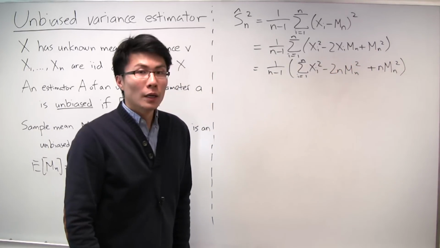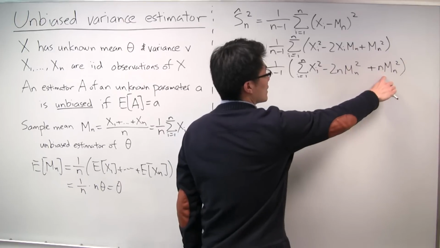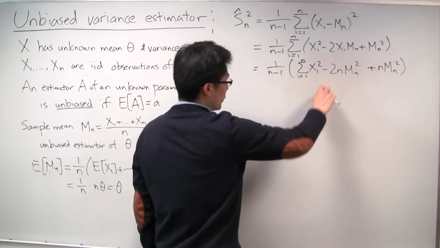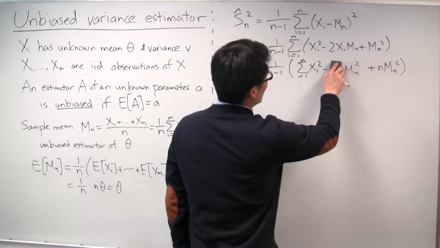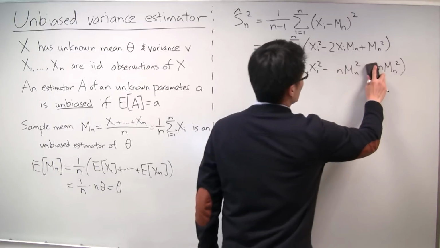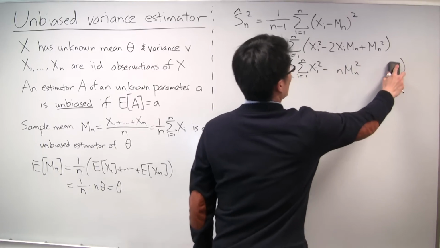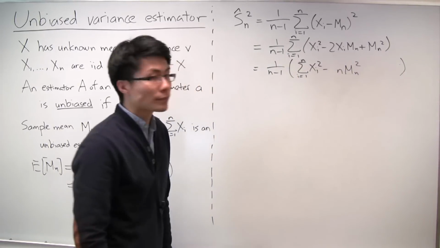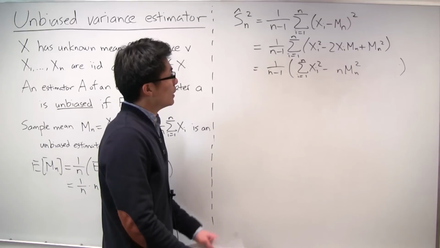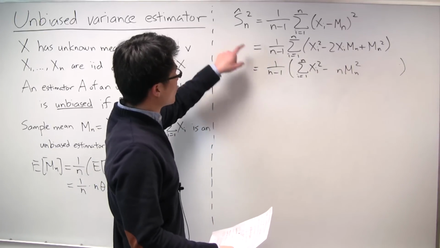And now we also added n times mn squared. And so what we're left with is just minus n times mn squared. So we've simplified this expression a little bit.